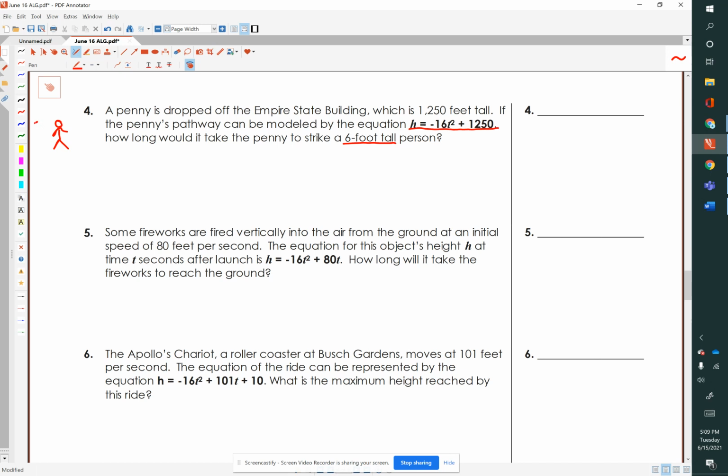okay, this will be our 6-foot tall person, 6 feet. And what we're talking about is it landing on the top of the person's head, right there. So now we're going to take this equation, this negative 16t squared plus 1250, and we're going to set it equal to 6.